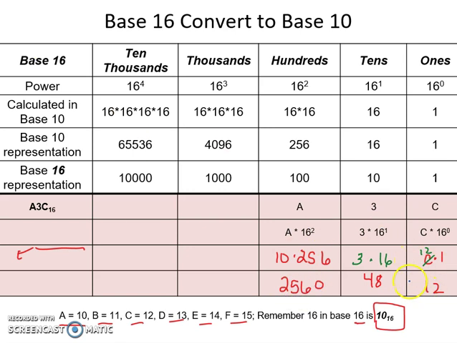And we can just add these three numbers together to get our base 10 version of 2,620 base 10. So notice that when we're working in base 16, we're actually using fewer characters to write our number, which is kind of handy. So I hope this helps you with converting from the different bases to base 10.